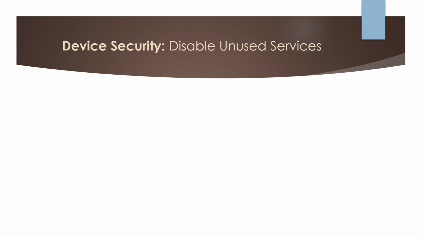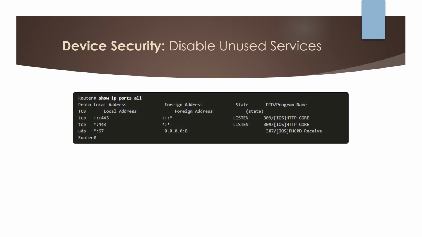The type of services that are on by default will vary depending on the operating system version. Here, if you use the show ip ports all command, you may be able to verify all the ports that are enabled on your device.